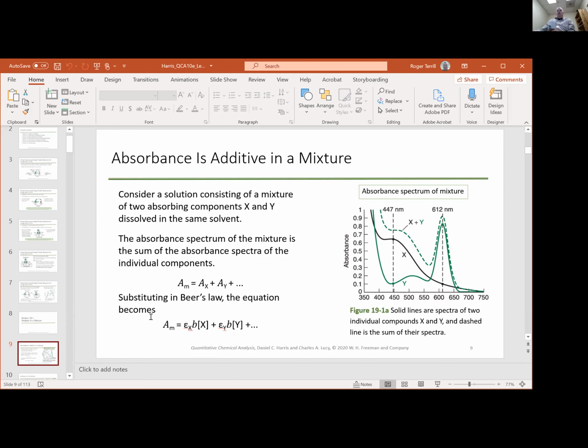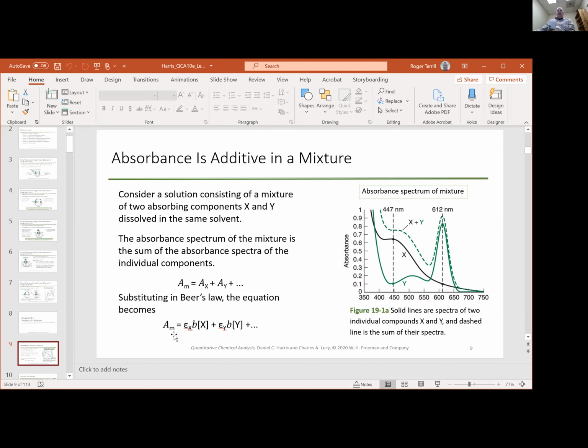And if you substitute Beer's law in there, you get drunk, and then it looks all weird like this. A mixture equals A_X, which is epsilon_X b times the concentration of X, plus A_Y, which is epsilon_Y b times the concentration of Y.